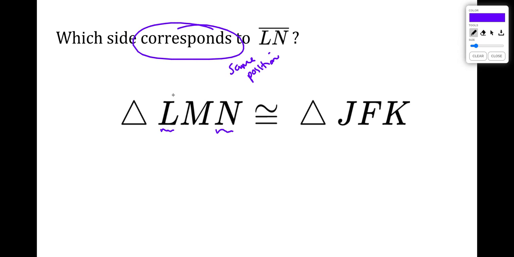L is in position 1, so it corresponds to J. So LN corresponds with JK. In fact, because we know these triangles are congruent, we can even go a step further and say that those corresponding parts are congruent, which is something we get to a bit later, but it is good to think about now.